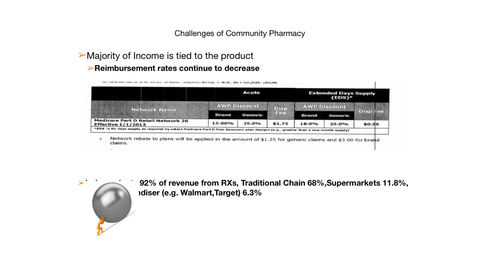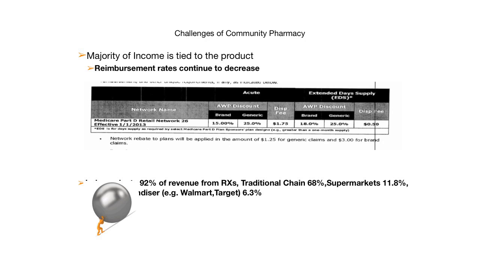This is an example. This is an older contract, but they haven't changed much except the numbers might have gone down a little bit. But for example, this contract takes AWP pricing, which is an estimate listed by the manufacturer, and that is a standardized number, and they take AWP and they take a percentage off that because they know the pharmacy is buying cheaper than that.